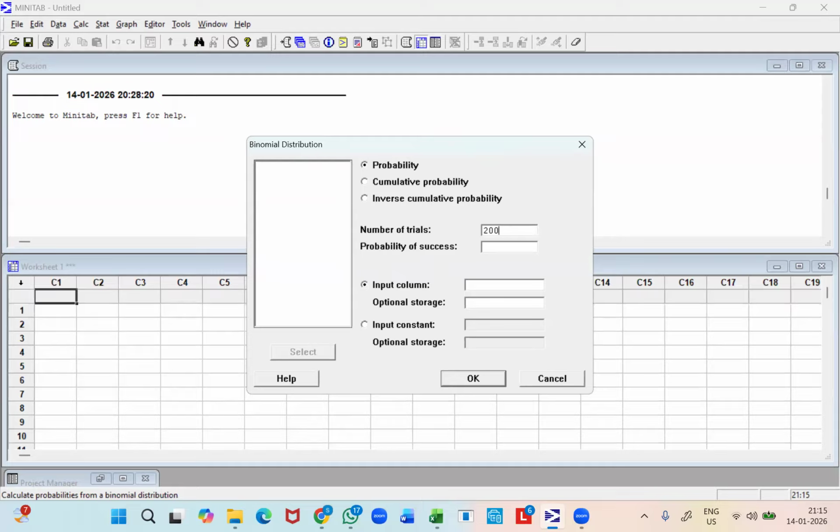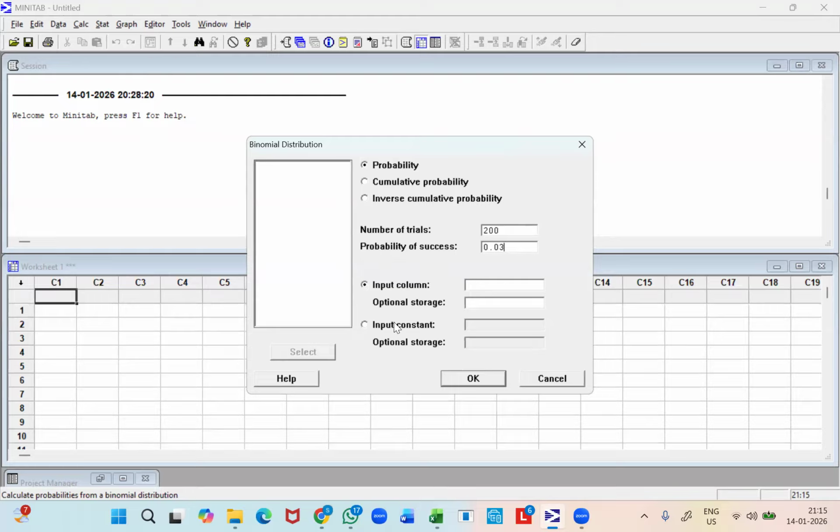So number of trials, 200, the sample size, and probability of success is nothing but the historical performance value. So here we are talking about the historical performance of the defectives. So defective proportion is 0.03. Here again, we need to ensure that we provide the defective proportion in terms of a decimal value.